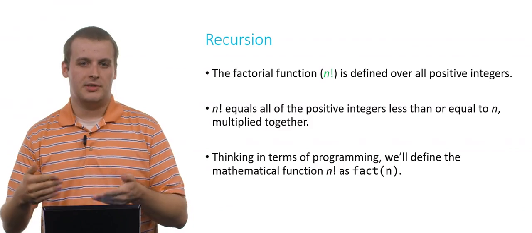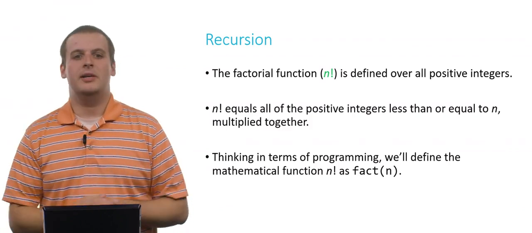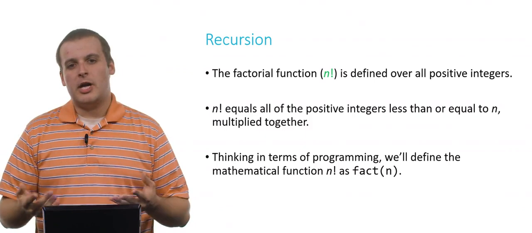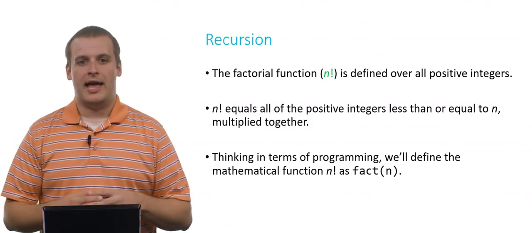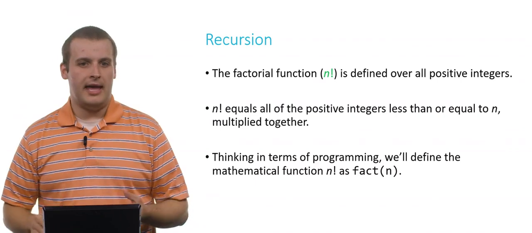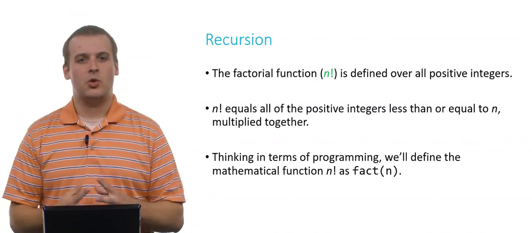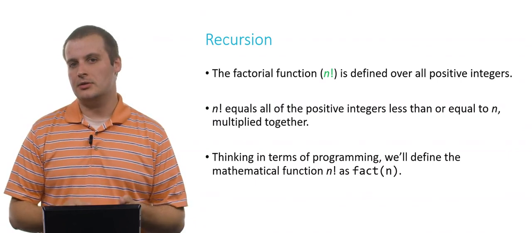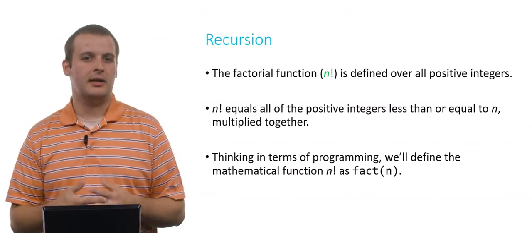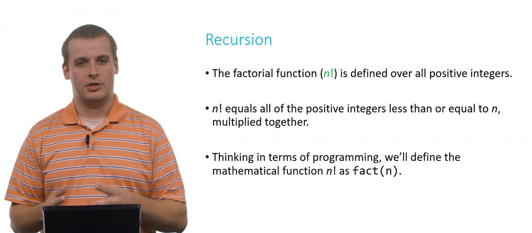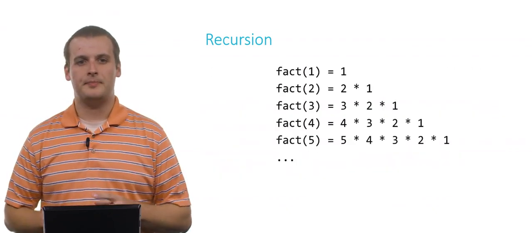And 4 factorial is 4 times 3 times 2 times 1, and so on. You get the idea. As programmers, we don't use n exclamation points, so we'll define the factorial function as fact of n. And we'll use factorial to create a recursive solution to a problem. I think you might find that it's a lot more visually appealing than the iterative version of this, which we'll also take a look at in a moment.